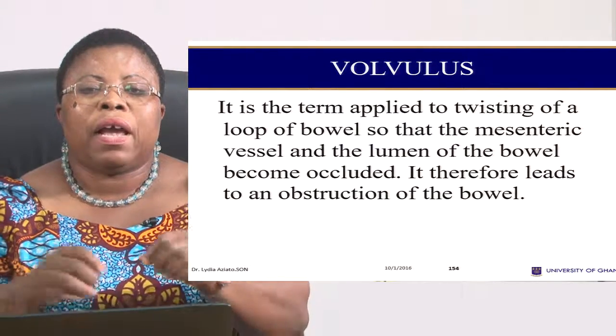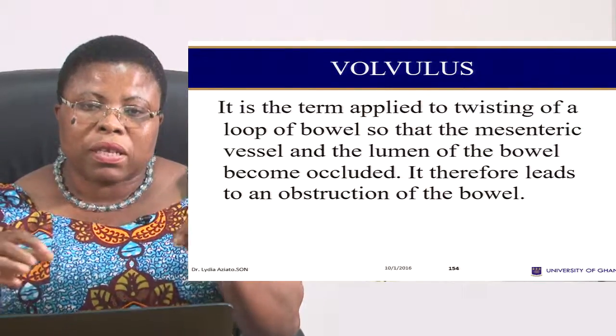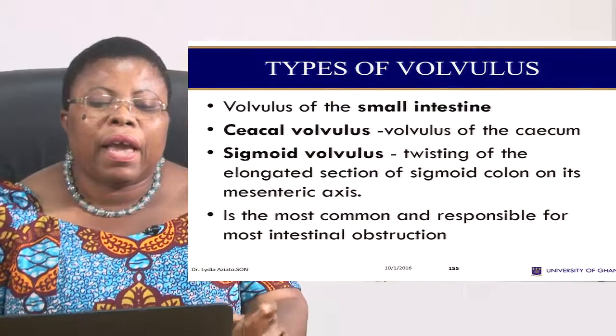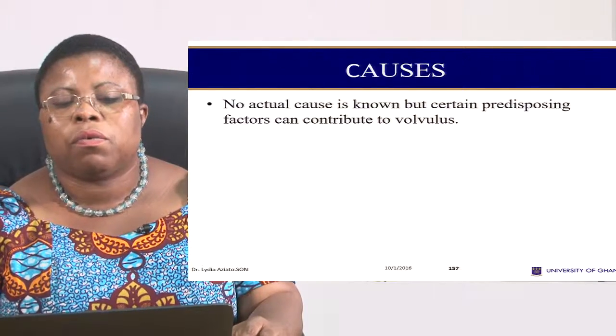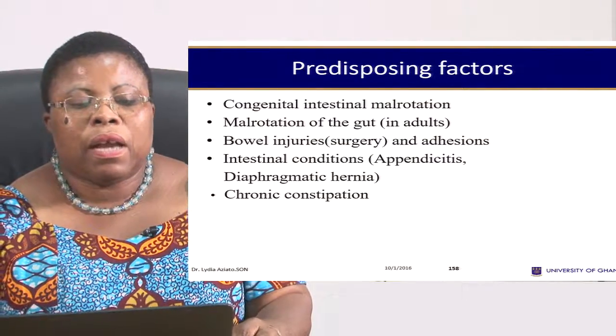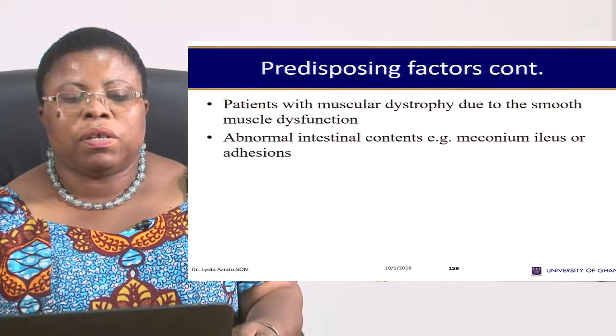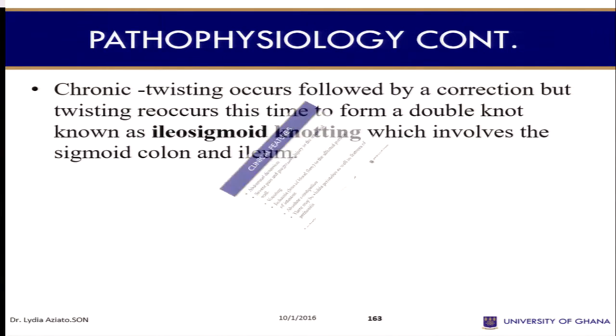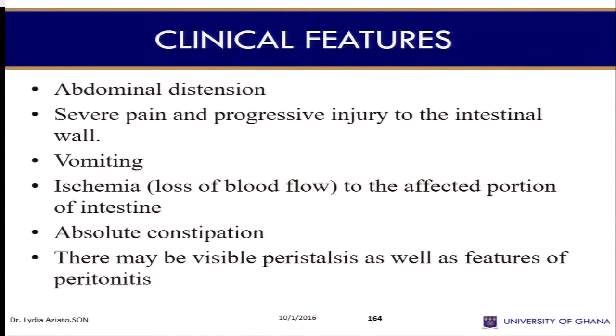So when it happens like that, there's also an obstruction, and then the patient comes with an acute presentation. It can occur at different parts of the intestine. When the person comes in, we would also take the person to theater as we have done for the others, and usually it occurs in children.